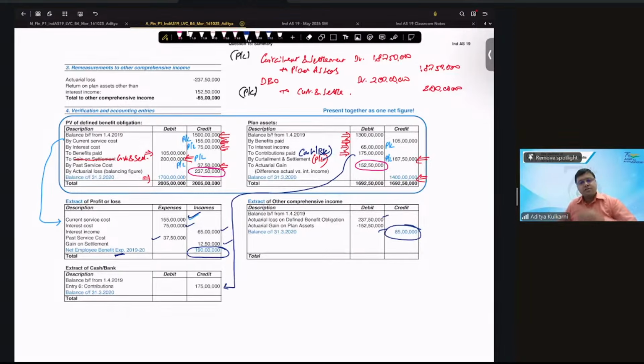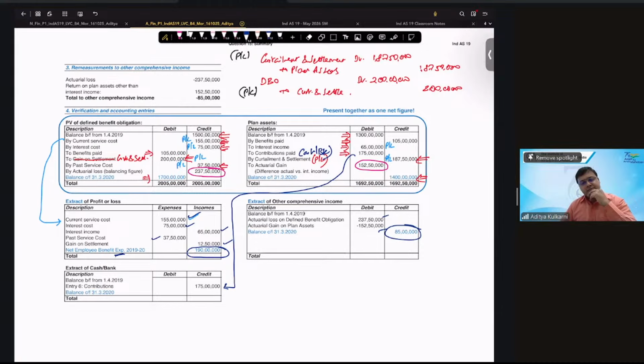Did you follow this? Because the company is paying only 1.75 crore. The remaining movements are all happening between the plan assets and the defined benefit obligation. There is no cash flow involved in that. Okay?